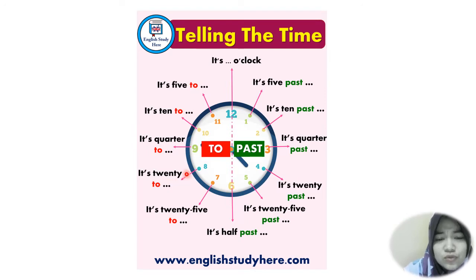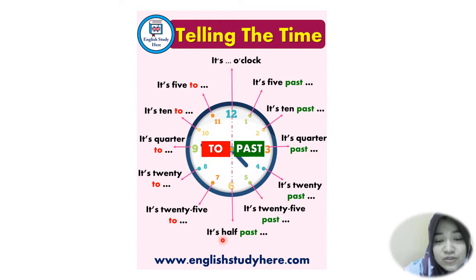Lagi 20 minit untuk pukul 12. So this is how we tell the time in English. Sifir dia, you ingat, another bahagian, another part is past and another part is to. And quarter means suku of 15 minutes.